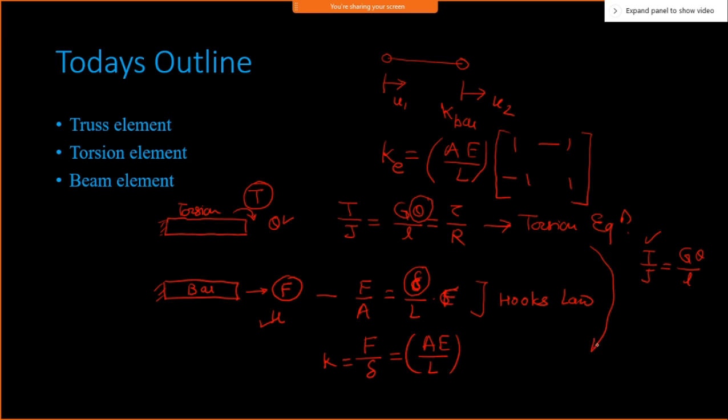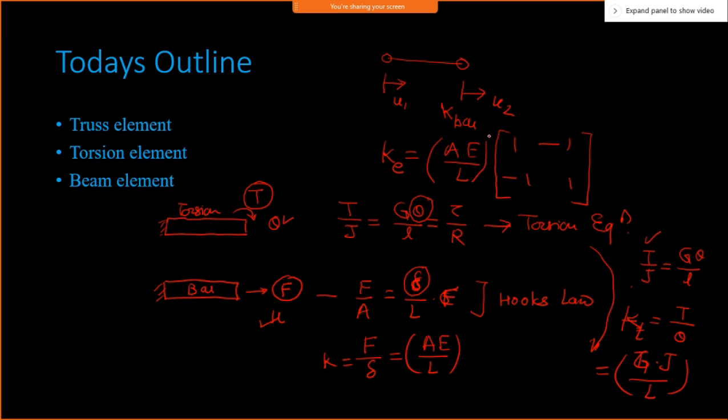For the torsion equation, how can I get the twisting stiffness? For that purpose, I can have T by theta, which is equal to G times J divided by L. Now the rest is the same.